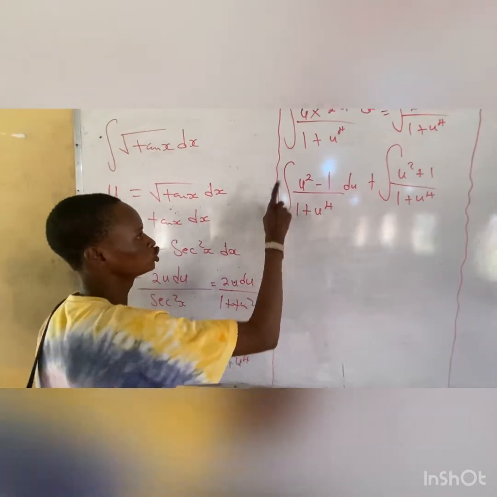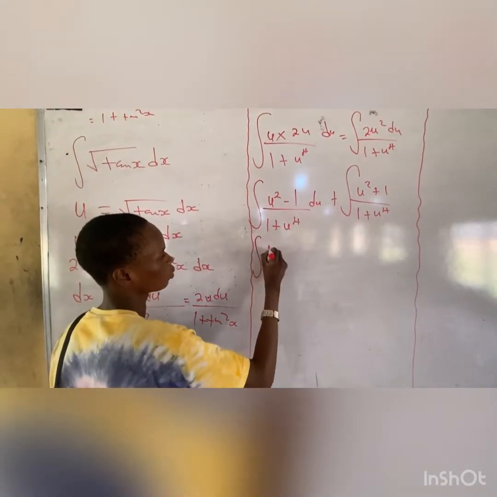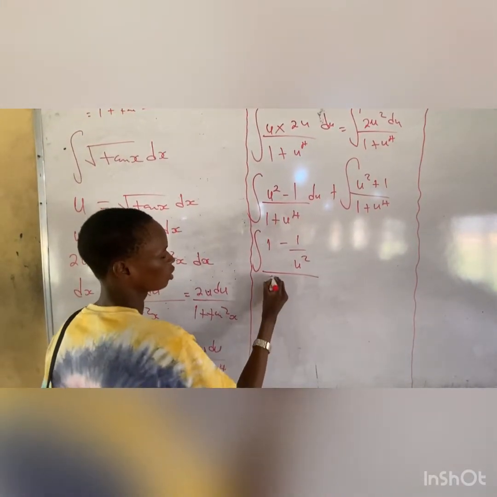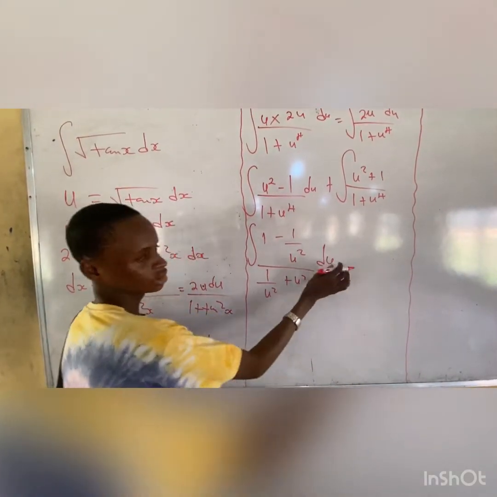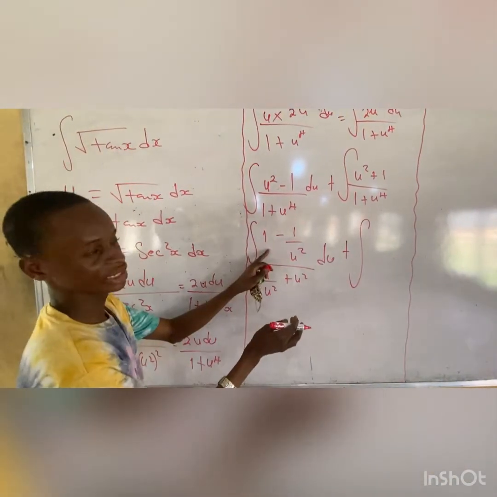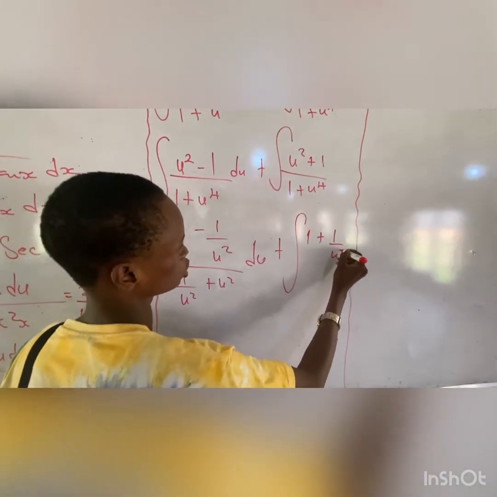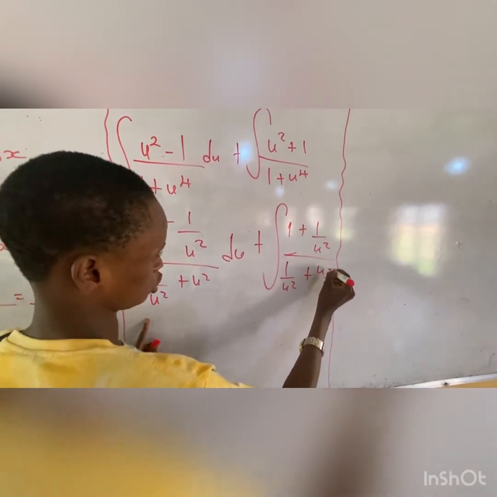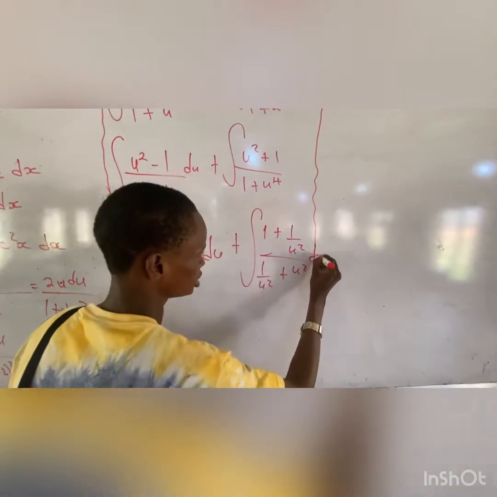So we have the integral of 1 minus 1 over u squared over 1 over u squared plus u squared, and du is still there. For the second integral, everything remains the same apart from the sign: 1 plus 1 over u squared over 1 over u squared plus u squared, and du still remains.